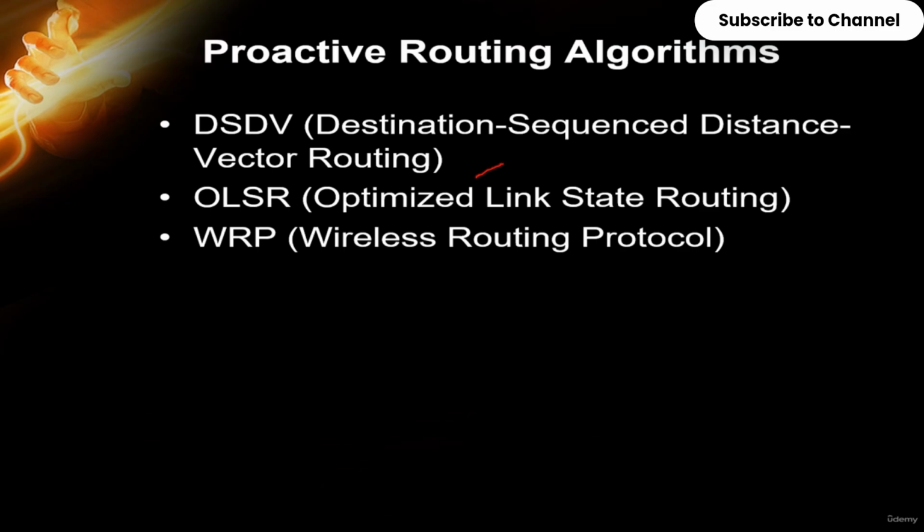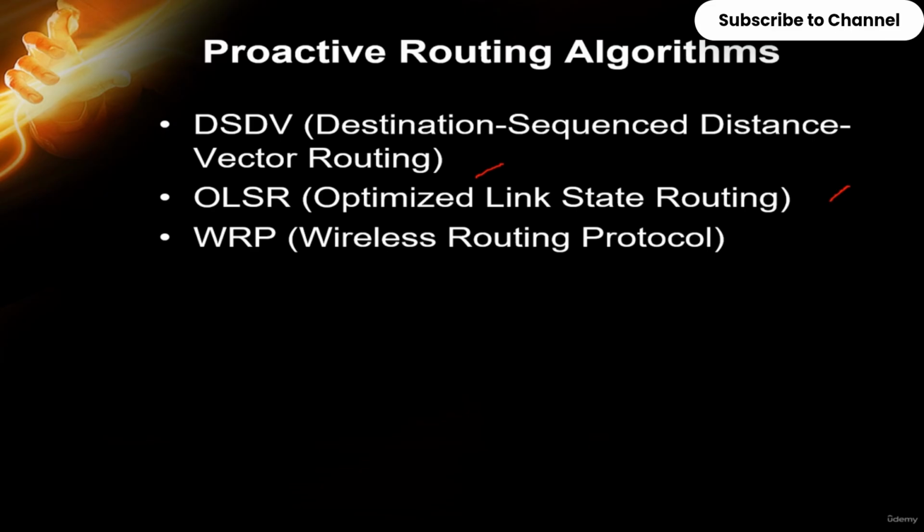The next algorithm is OLSR, that is, the optimized link state routing algorithm. This is also a proactive link state routing algorithm, used to reduce the overhead in link state updates in wireless ad hoc networks. The main key features include multipoint relays, that is, MPRs. MPRs reduce the number of transmissions required for flooding control messages.